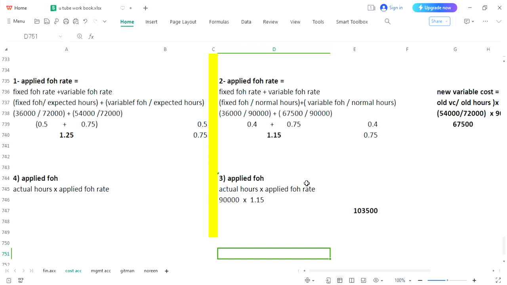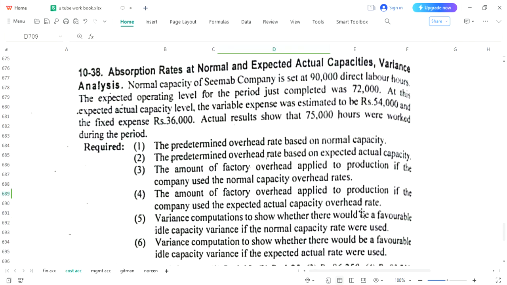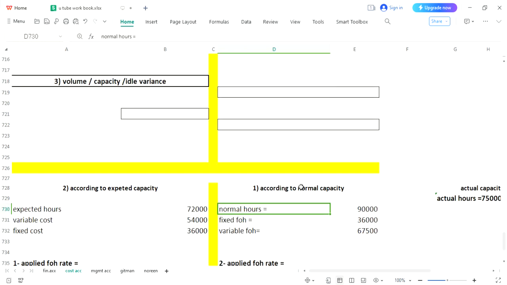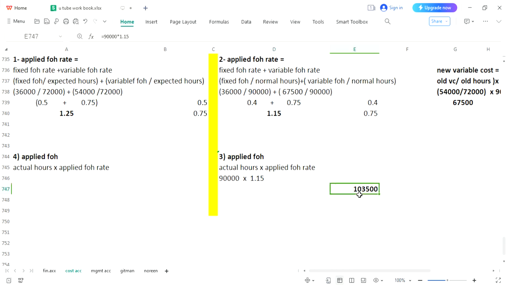So we have calculated applied FH rate, 90,000 normal hours at 1.15 were used, the amount of factory overhead applied to production if the company used normal capacity rates. Overhead applied. So we are doing the same thing. Applied FH 90,000 hours and applied FH rate is 1.15. We have put the same 90,000 multiplied by 1.15.